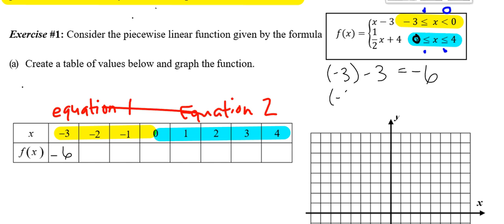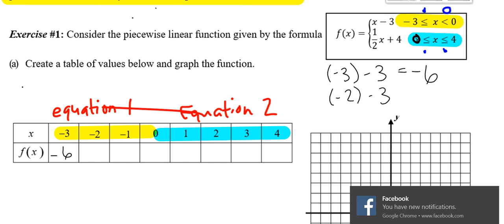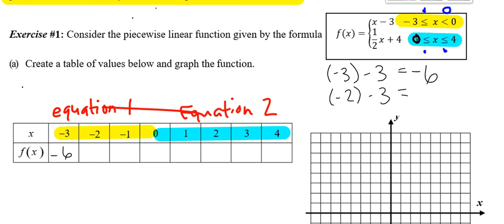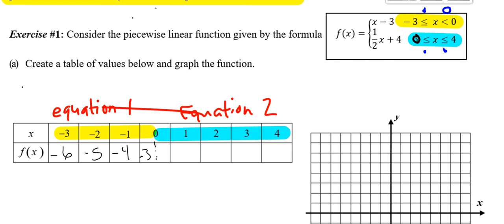If I have -2 minus 3, that gives me -5. See if you can fill out the other two. Check and see if you got -4 and -3. Notice how I put a dotted line down the middle of 0 because 0 deals with two different equations.